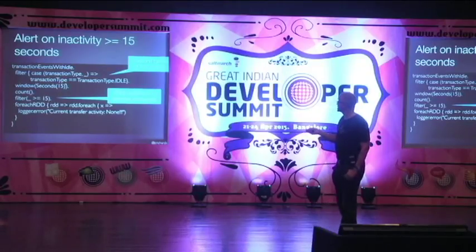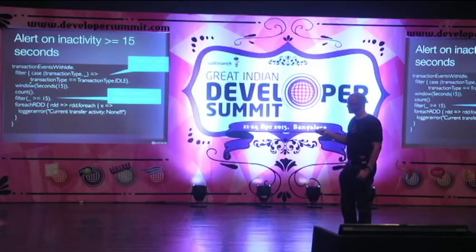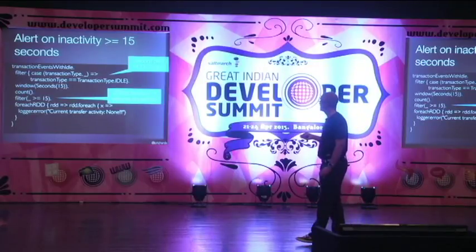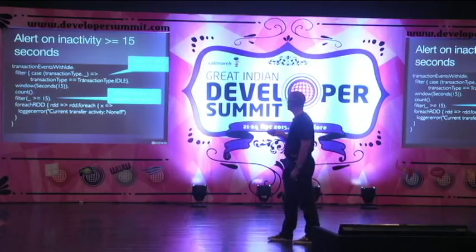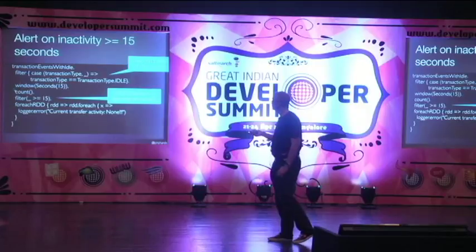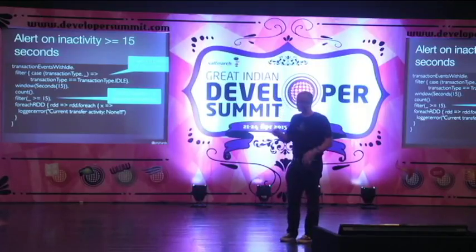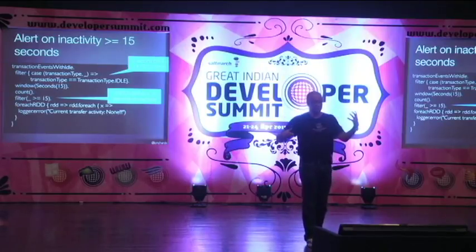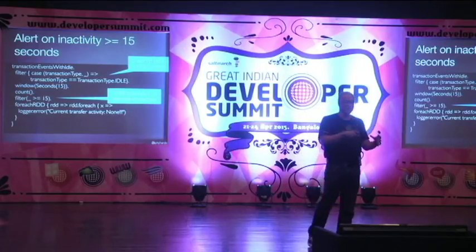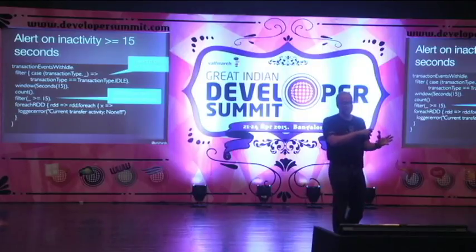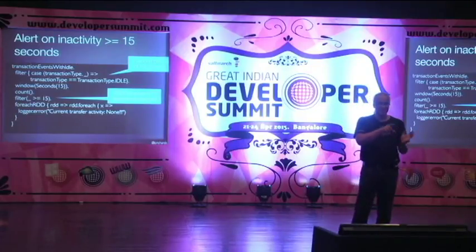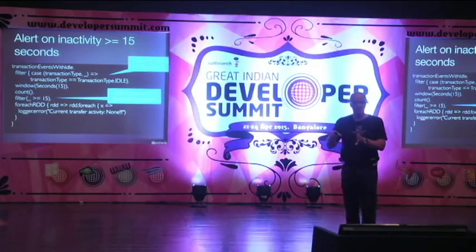What it's doing is applying the filter operation to say, give me the RDDs that are idle. Then I'm doing a sliding window operation over it. And then for each RDD, I'm counting how many idle events happened within the past 15 seconds.